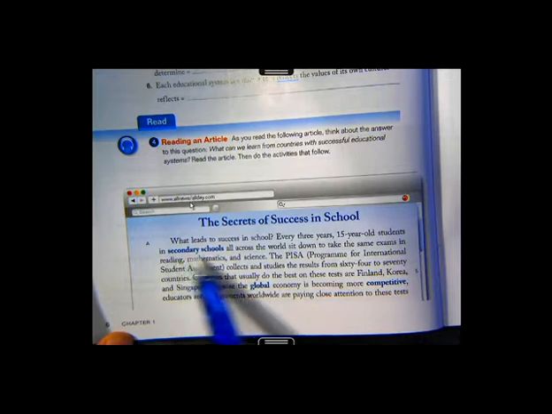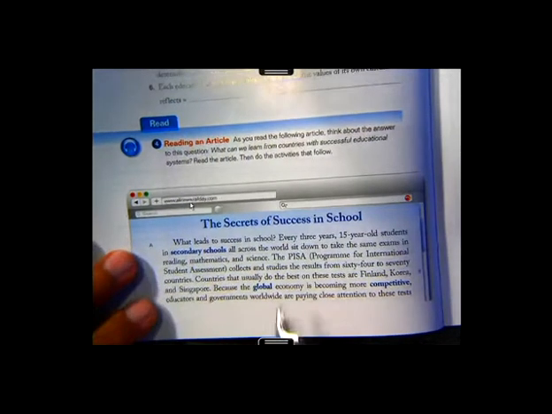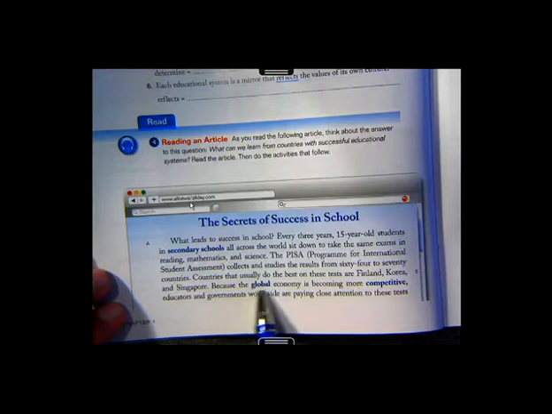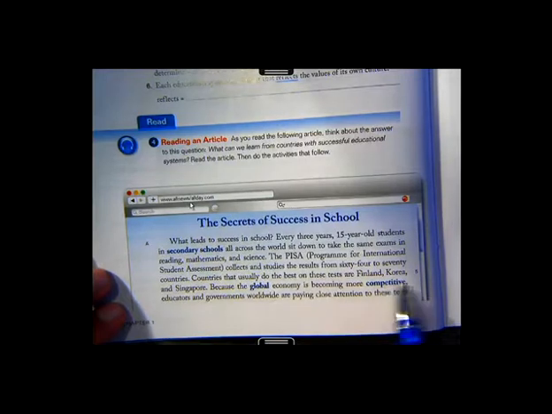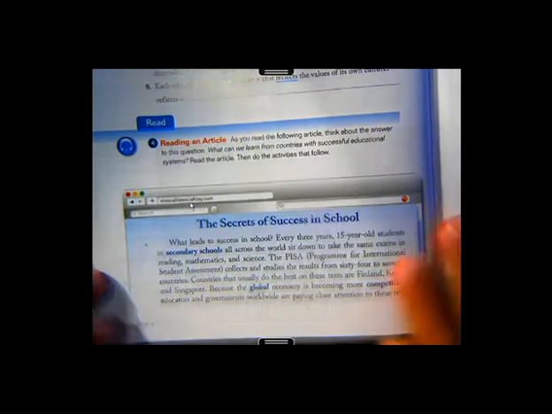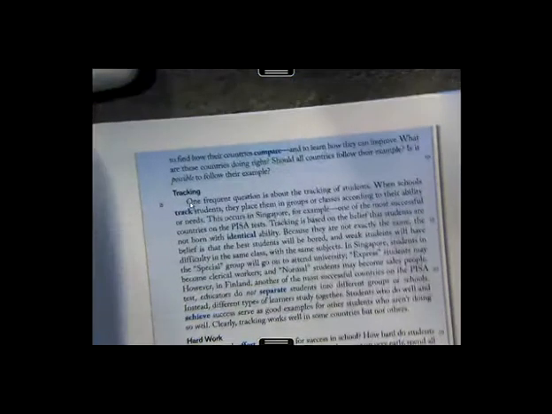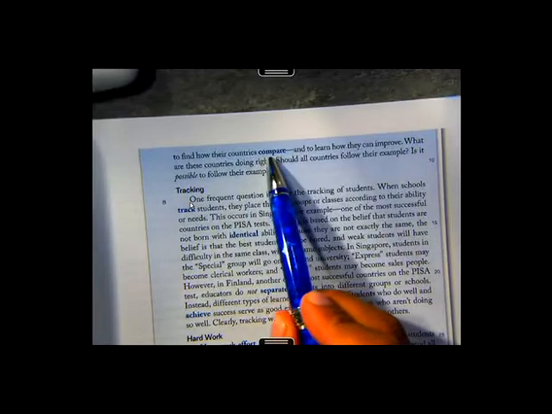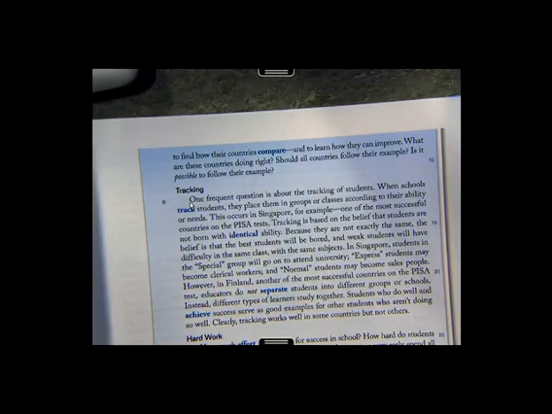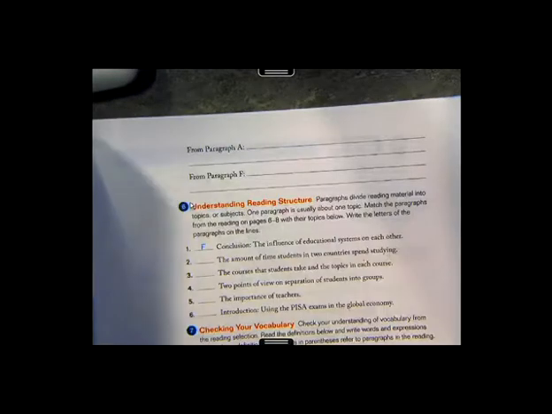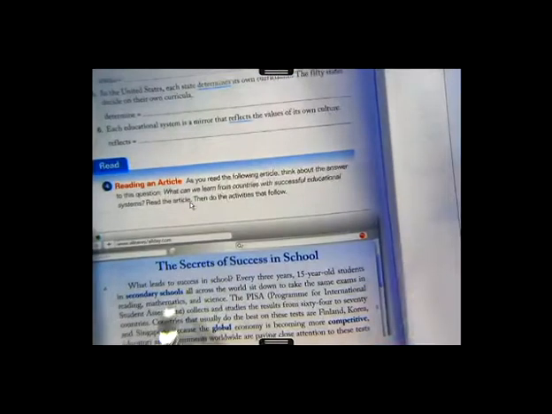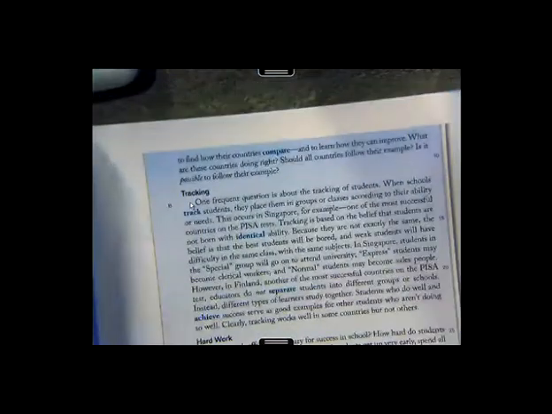Here, secondary schools, global and competitive, and lastly, compare. So one of them means similar to or different from. So examine them one by one. Which one do you think means similar to or different from?